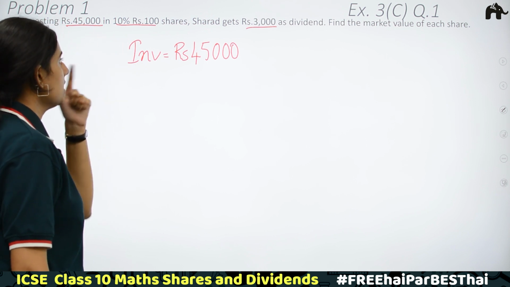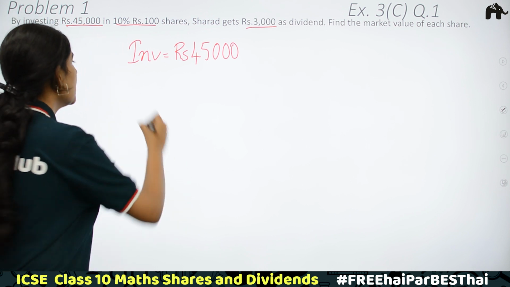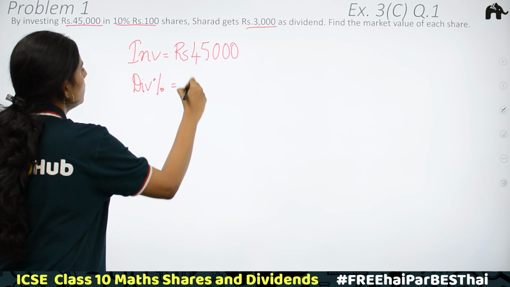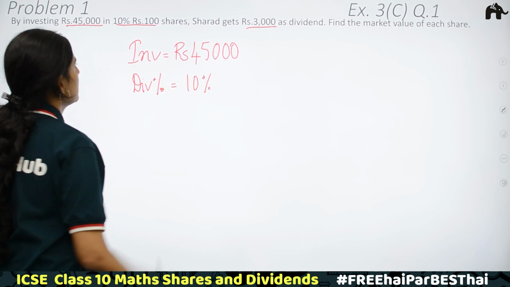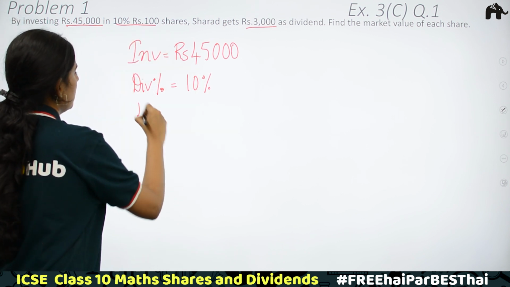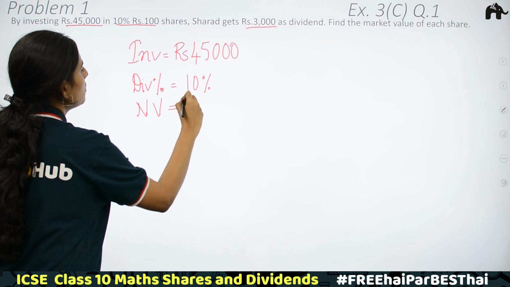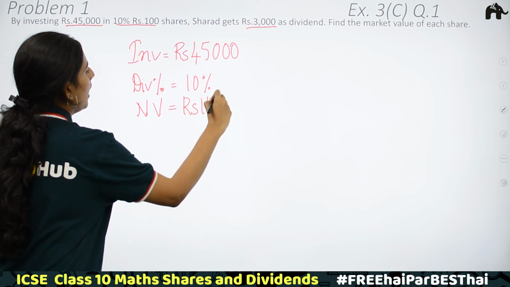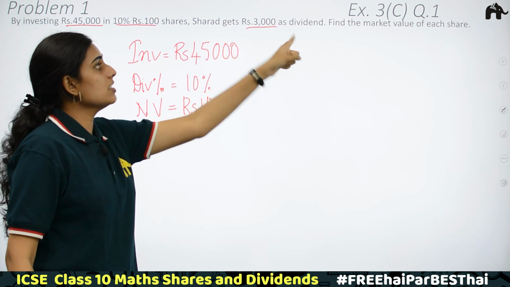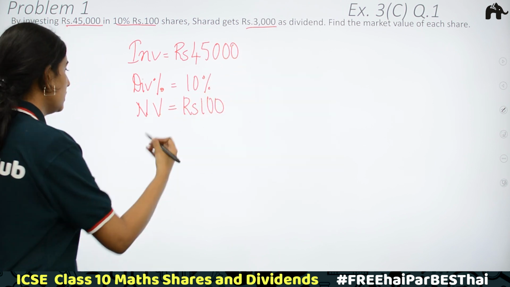Then 10% is the dividend percentage. Rupees 100 shares, nominal value is also given. Nominal value is equal to rupees 100. Gets rupees 3,000 as dividend.